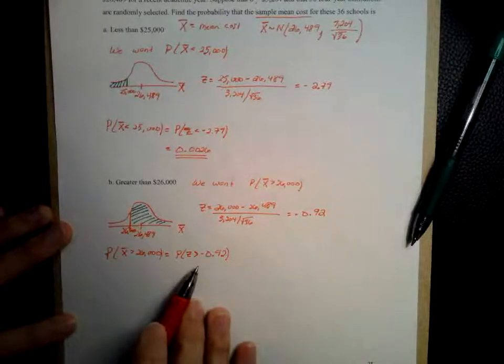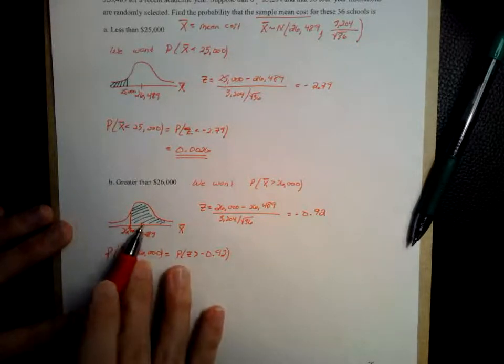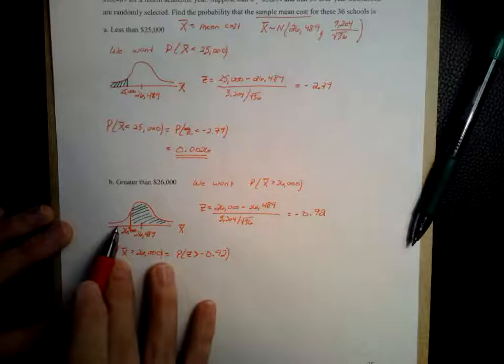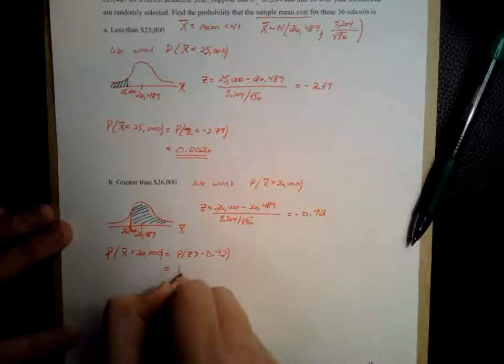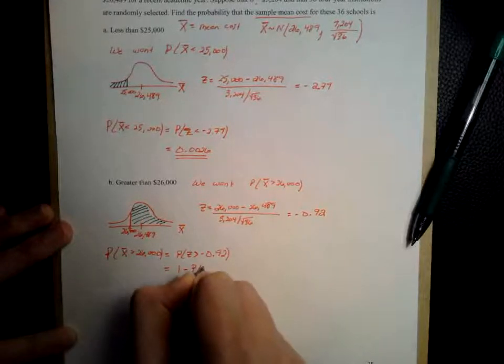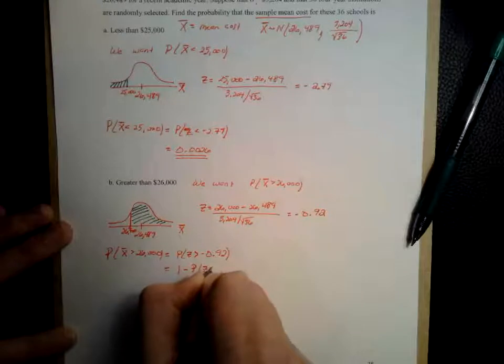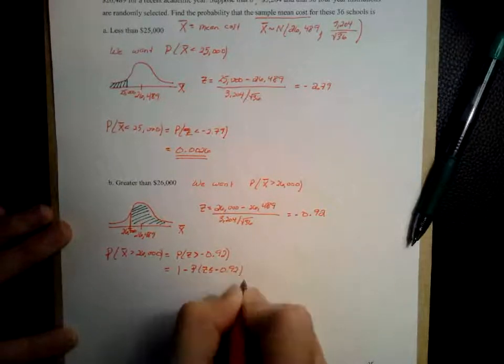But our table will only give us the left-hand area. So to find the right-hand area here, we want to take this left-hand area and subtract it from 1. So that would look like 1 minus the probability of z being less than or equal to negative 0.92.